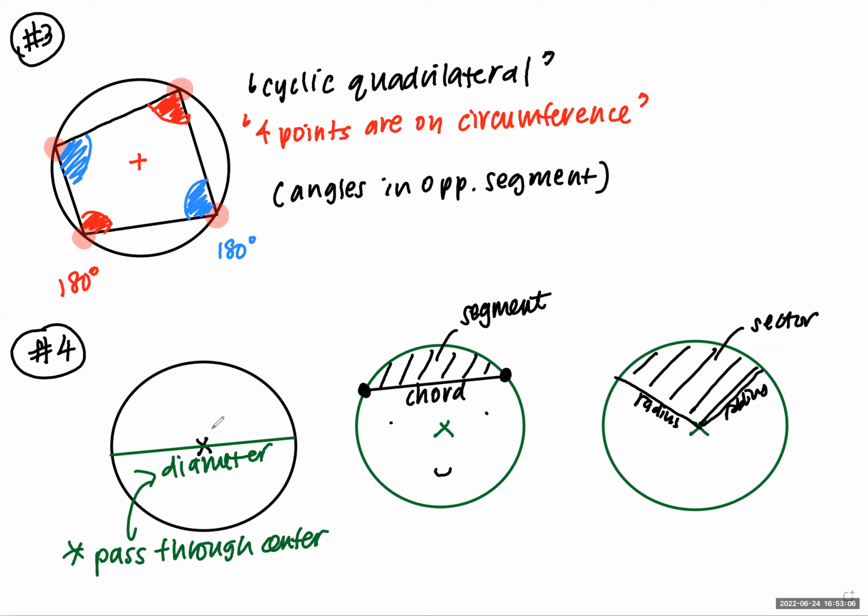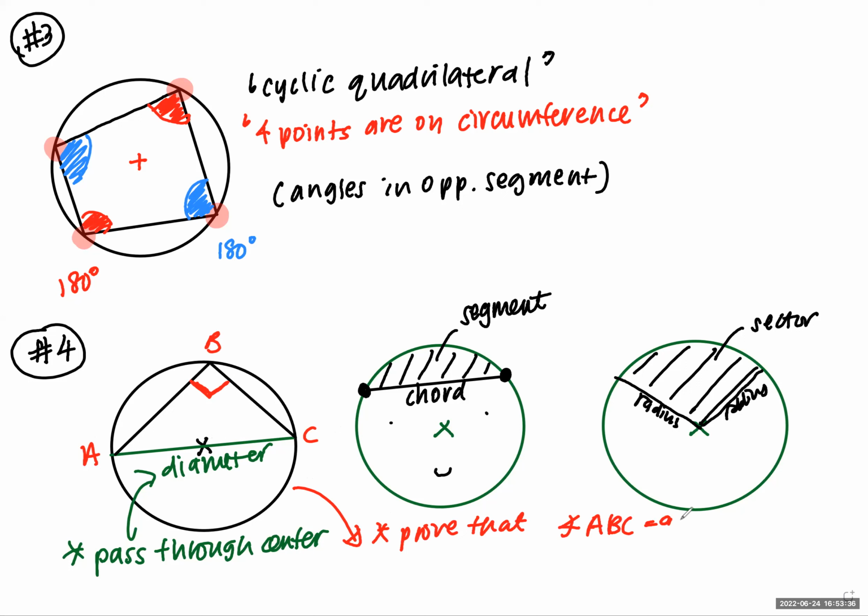Clear so far? Understand? So when it's a diameter, can you see I go from here to here, and I go from here to here, right? So always remember that if it's a semicircle, cutting through the diameter, this triangle is always a right angle triangle. Meaning they can test you things like A, B, C. They say, hey, prove that angle ABC is 90 degrees.